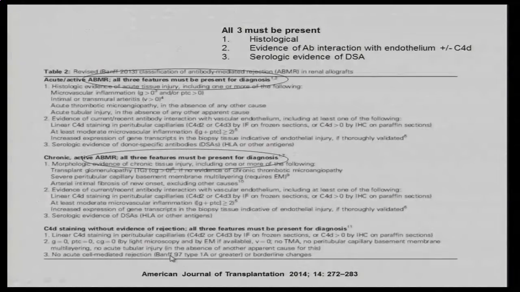And the other point I want to make is the more recent Banff classification changes, that antibody-mediated rejection now requires 3 levels of criteria: histological criteria, evidence that antibody interaction with endothelium is occurring, with or without C4d, and serological evidence of donor-specific antibodies, meaning these antibodies that we've just defined by Luminex, which defines antibody-mediated rejection and determines our therapies.